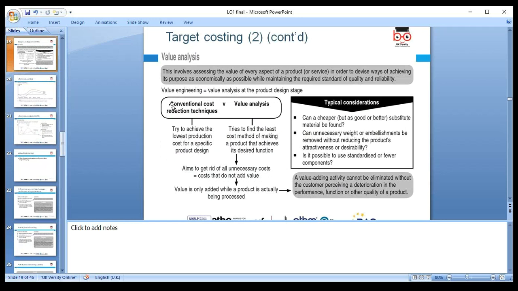Next we have value analysis, or we call it value engineering. This involves assessing the value of every aspect of the product and devising a way of achieving the purpose economically, as well as maintaining the required quality standard and reliability. Conventional cost reduction techniques try to achieve a lower production cost for a specific product design and find the least cost method.